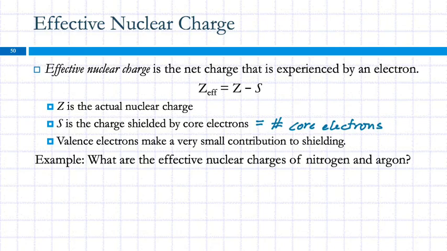So let's look at what are the effective nuclear charges of nitrogen and of argon. So what we have to do here is look at how many core electrons, how many valence electrons. So it could be helpful to look at the electron configuration. So for nitrogen, what's the electron configuration?